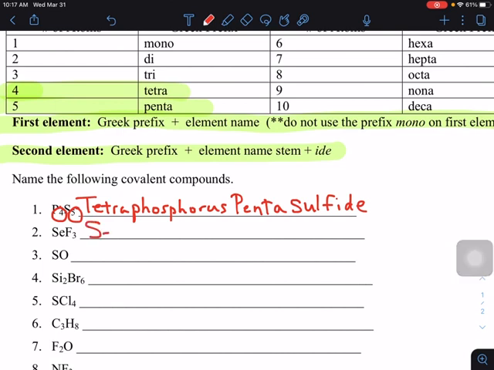So we don't say monoselenium, we just say selenium. And then we have 3 as a subscript on the fluorine. So that would become tri, because tri is 3, right here. Trifluoride.